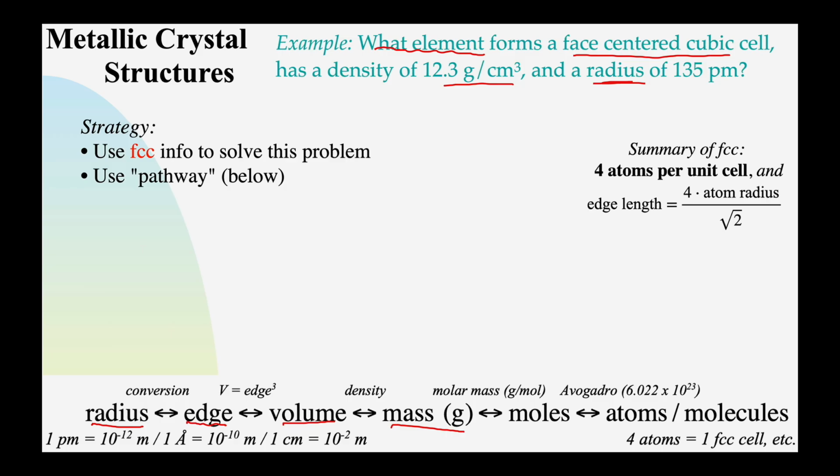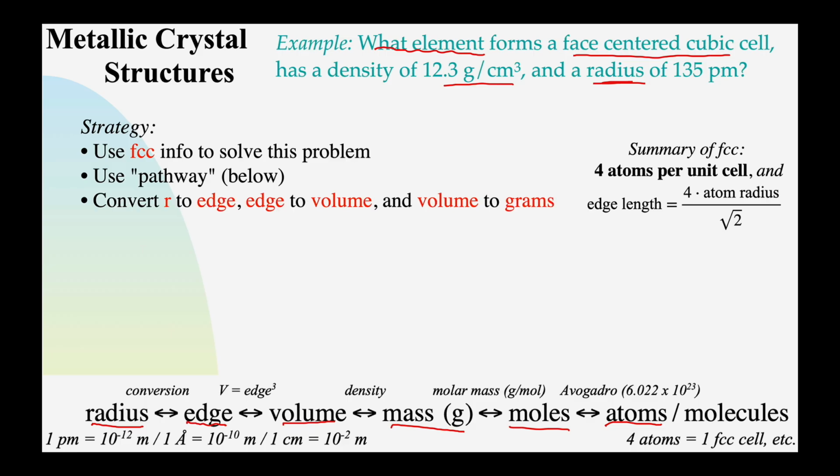So once we get to mass, we kind of have to stop, and then you go to the far right and move left until you stop again. So what that means is, hey, FCC, 4 atoms per cell. We can turn atoms into moles using Avogadro's number, because even though it's a really small number of atoms, Avogadro's number still applies. So then we've got mass from our stuff on the left, we've got moles from our stuff on the right, mass divided by moles. I'm sensing the identity of the element is going to come out if you look at a periodic table.